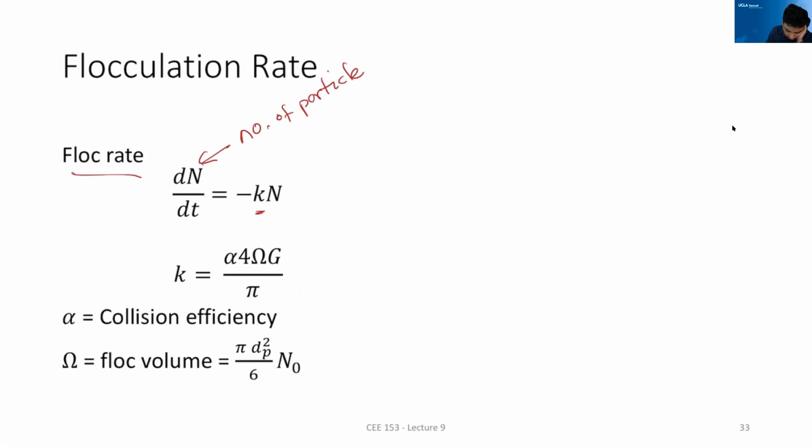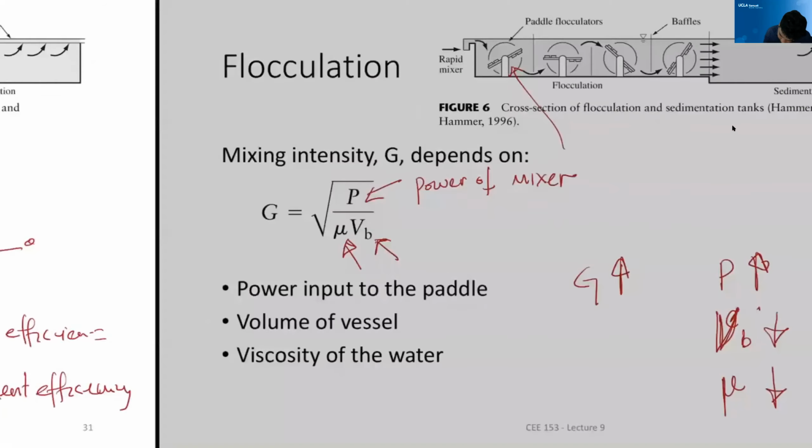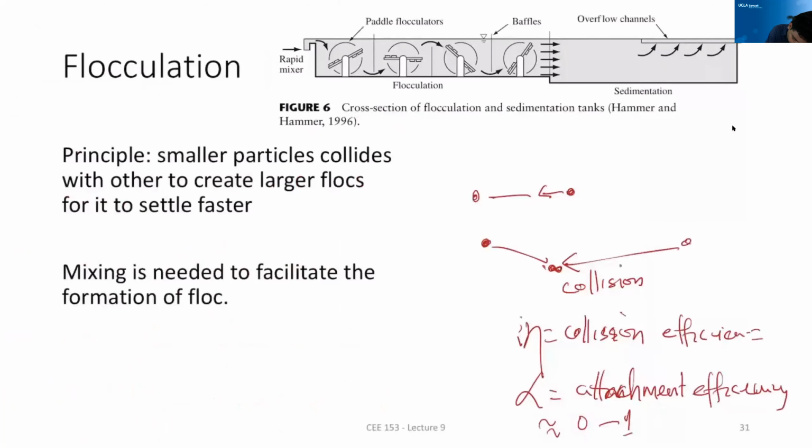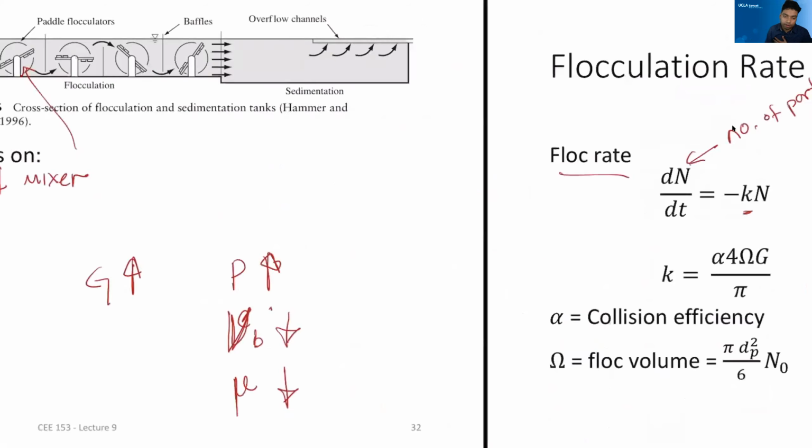So alpha is your collision efficiency because you want them to collide. I actually wrote it reversed here. Let's call this attachment efficiency, also a factor. I just wrote the wrong notation there so you might be confused.